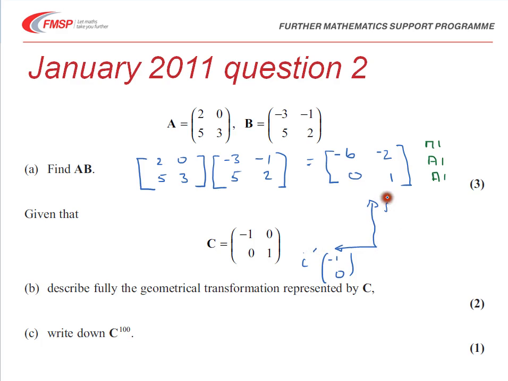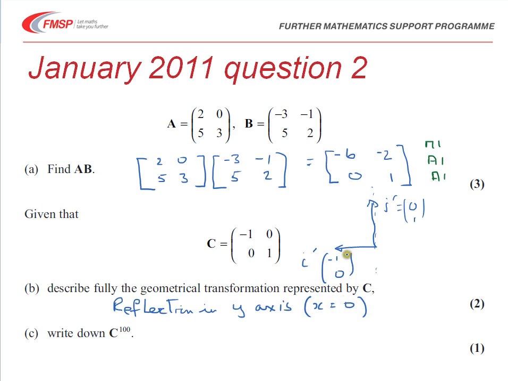So j hasn't actually moved. So therefore we've got a reflection, haven't we? The transformation is a reflection in the y-axis, or the line x equal to 0.